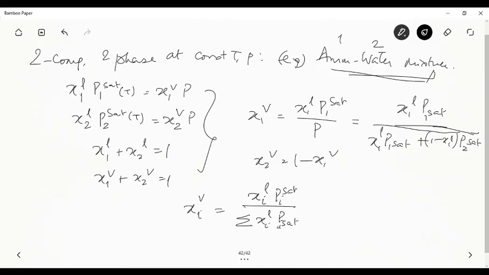This is something which we can do, and with that we can actually evaluate this. So these four equations and four unknowns will actually help us to solve all the four cases. If P1 sat, P2 sat, and the temperature is known, so P1 sat and P2 sat can be given, and P is known, then these are four equations and four unknowns that can be solved.